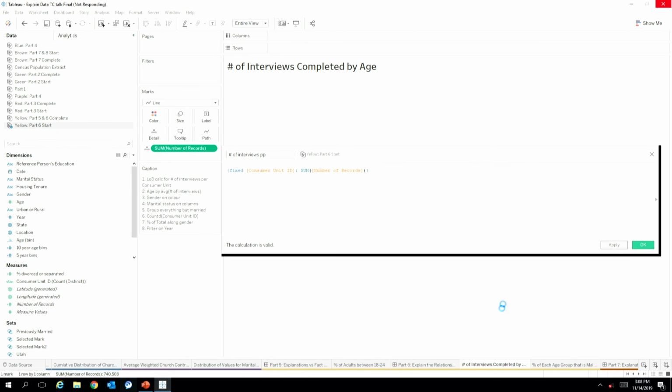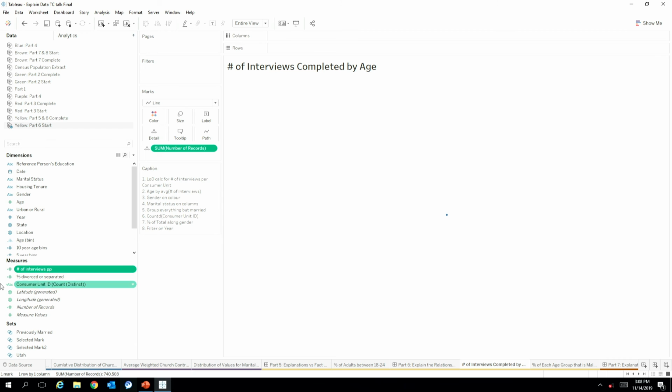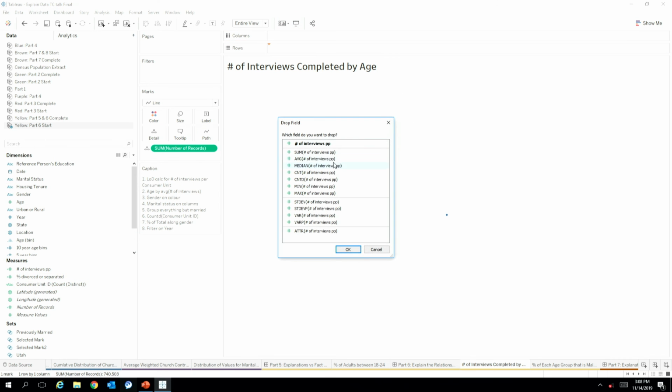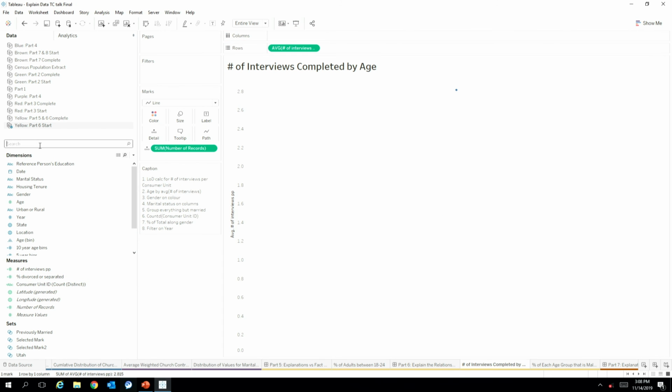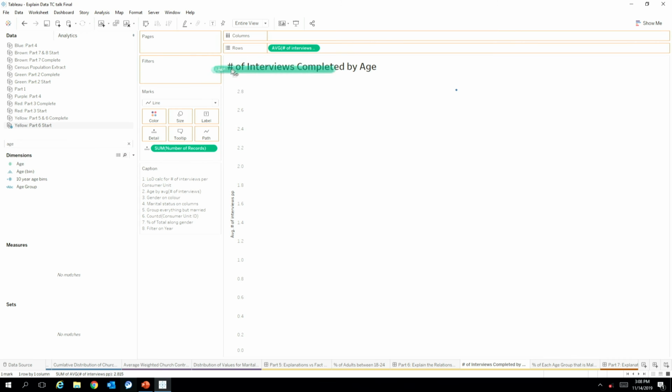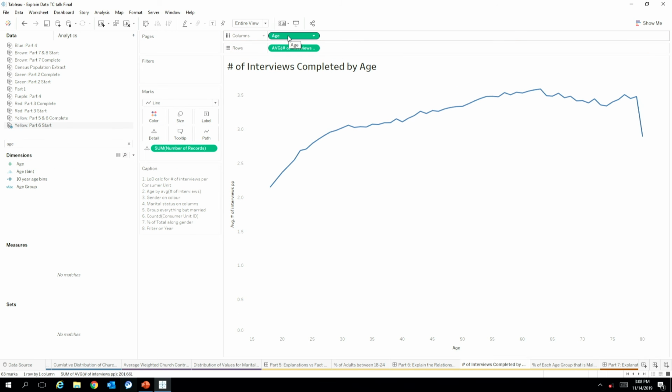Should have pre-made the calc. All right, if we look at the average of this measure and break it down by age, you're going to see this interesting thing, which is that young people complete much fewer surveys, and older people are more reliable in completing the rounds of the interviews, which is rather interesting.